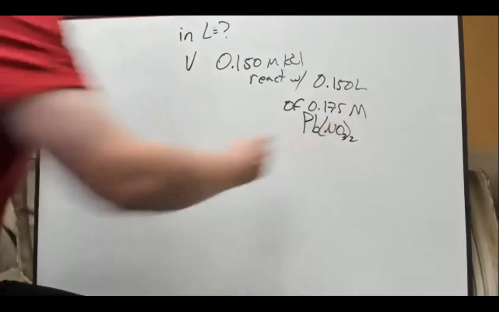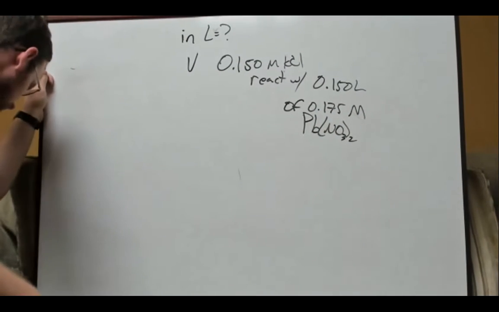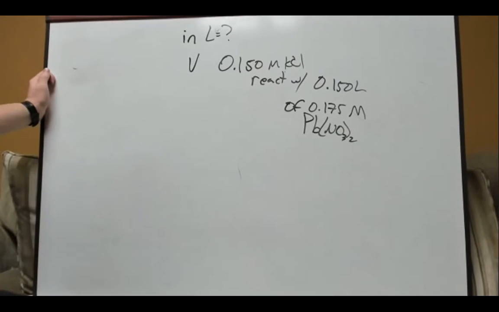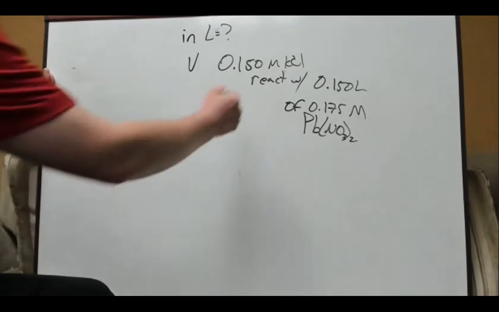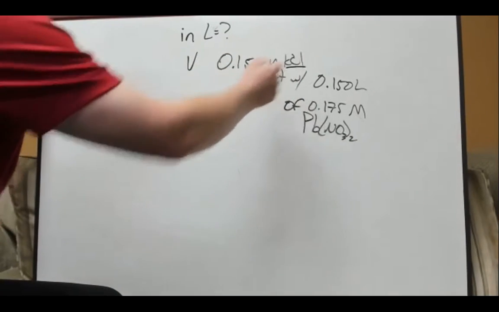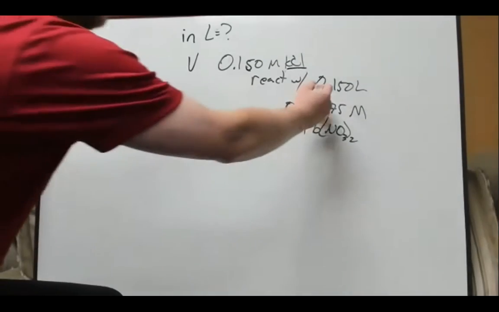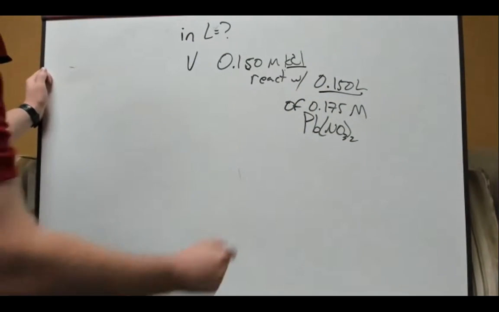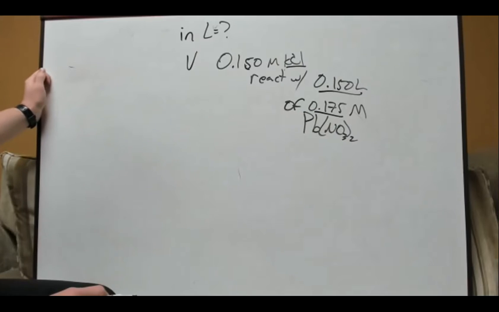I don't know if you guys can see that. What we're going to do is a reaction like what we did in lab and what we're going to be doing in lab, where we take this molar potassium chloride, KCl, and react it with 0.150 liters of 0.175 molar lead nitrate.